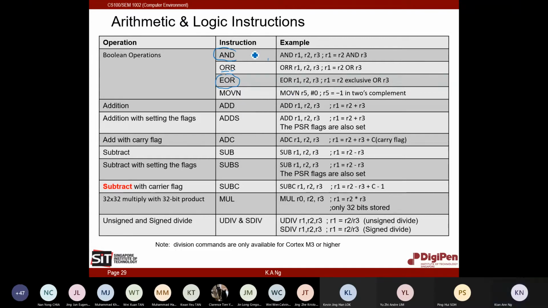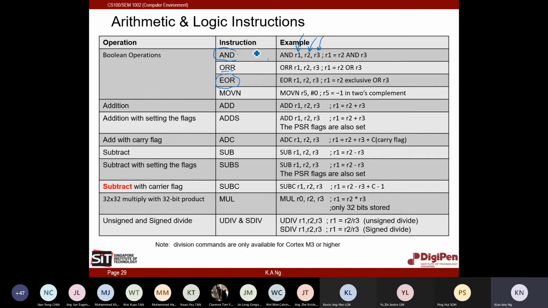Then you just need to know, for example, AND: I have a destination register, operand 1, operand 2. These are things that should come naturally to you. It's self-explanatory.